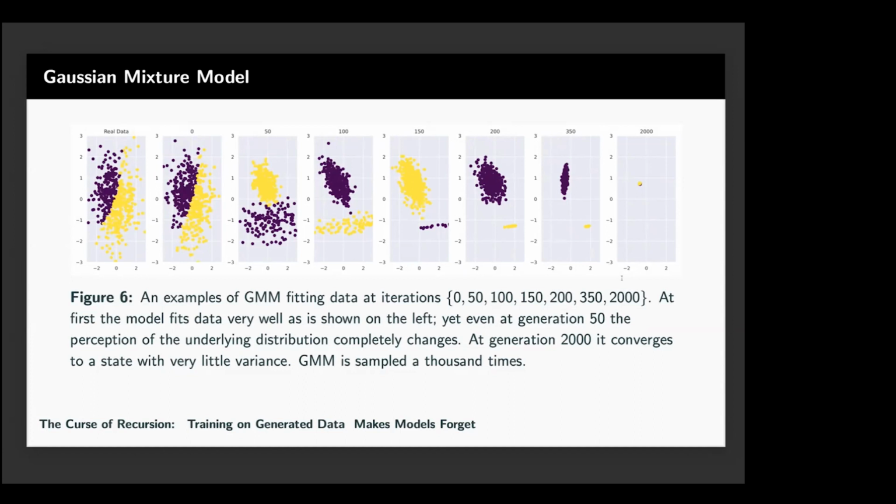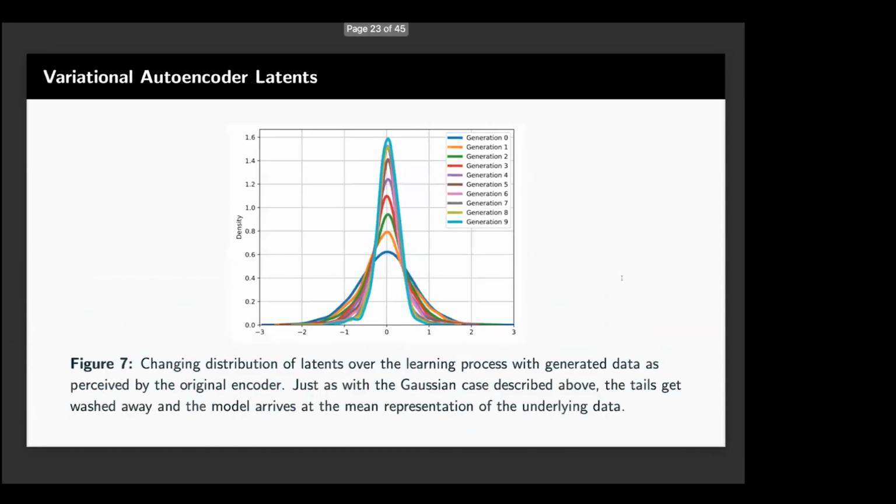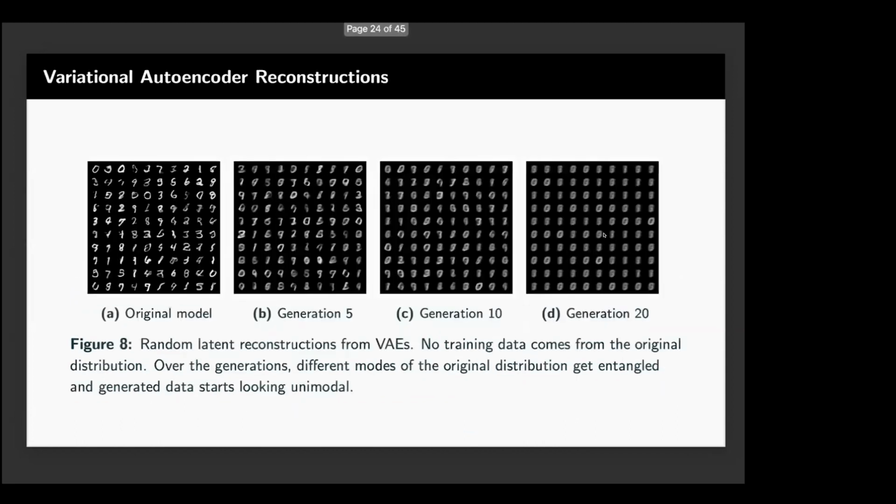But these have been very toy models so far. What happens when you actually go to deep learning? Well, deep learning is even noisier. It's even harder to make work. So here we consider the example of a variational autoencoder, which is another example of a generative model. And here is just an illustrative example. The original model is able to capture what happens in your MNIST digits quite well.